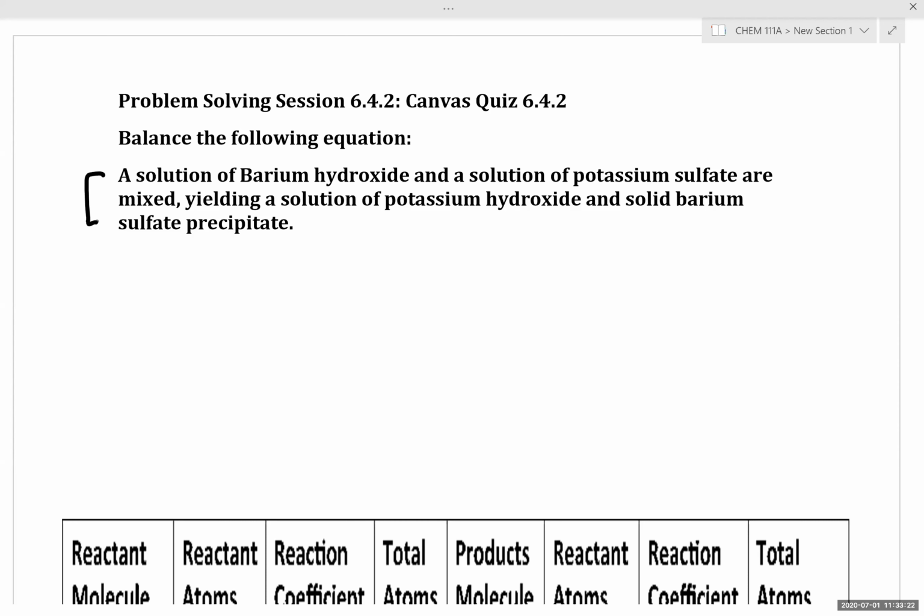And we'll discuss the nomenclature and write out the formulas for each of these compounds in about another minute and a half.